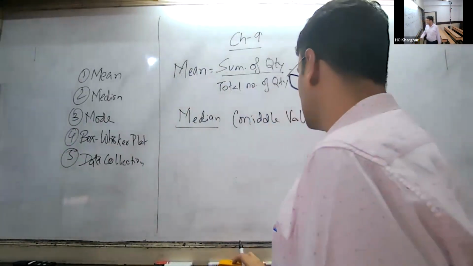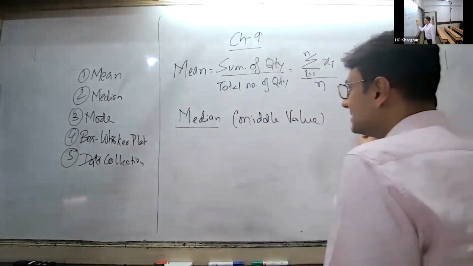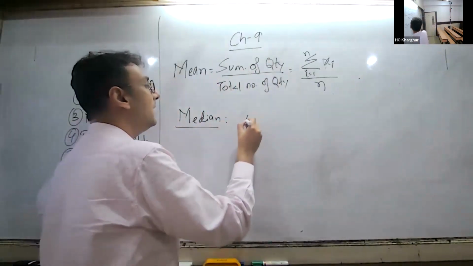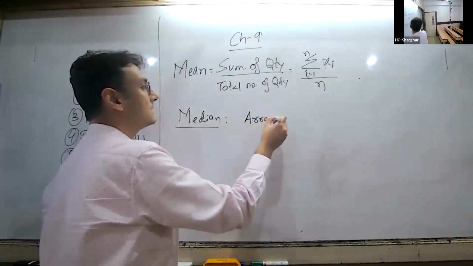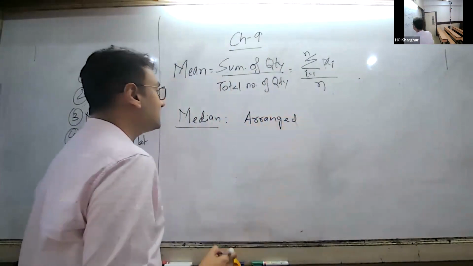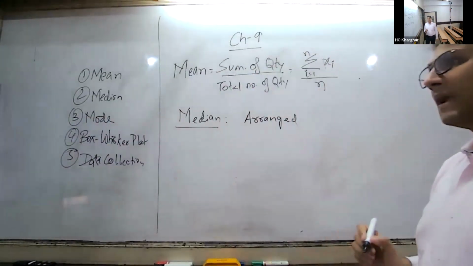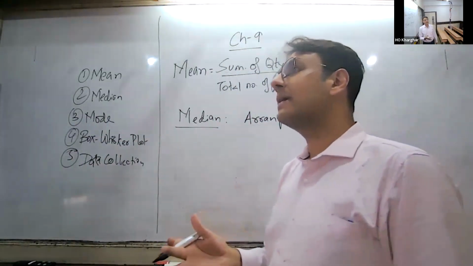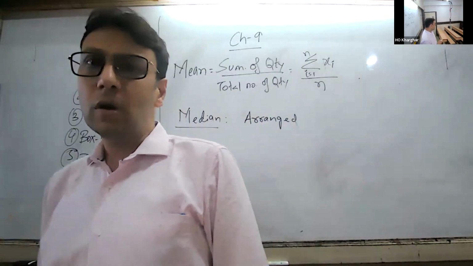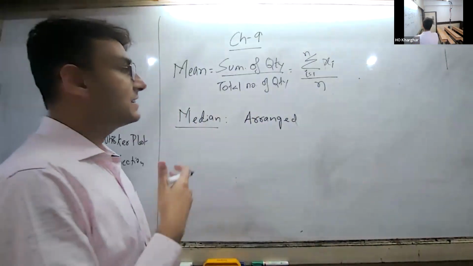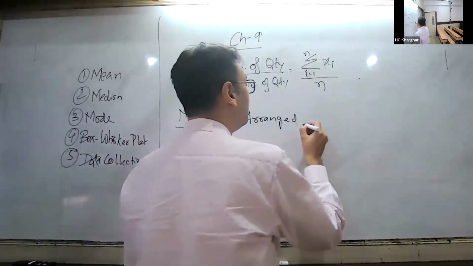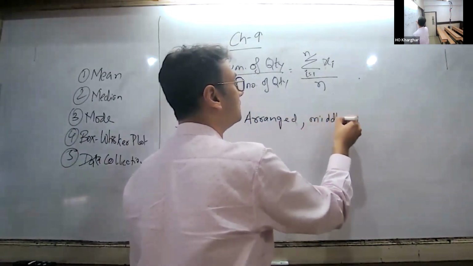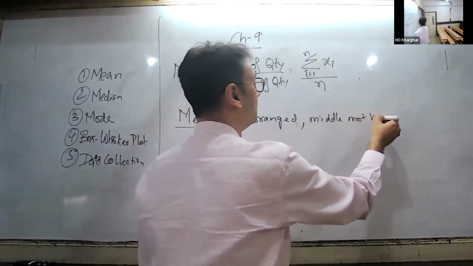This is not what median is. So let's complete this understanding. Median is, number one, in an arranged data set. The data set needs to be arranged, either ascending or descending, whichever order you follow. And in that arranged data set, I am talking about the middlemost value.